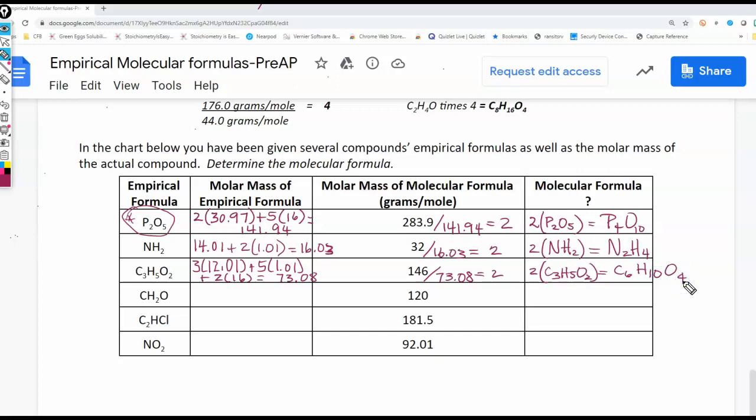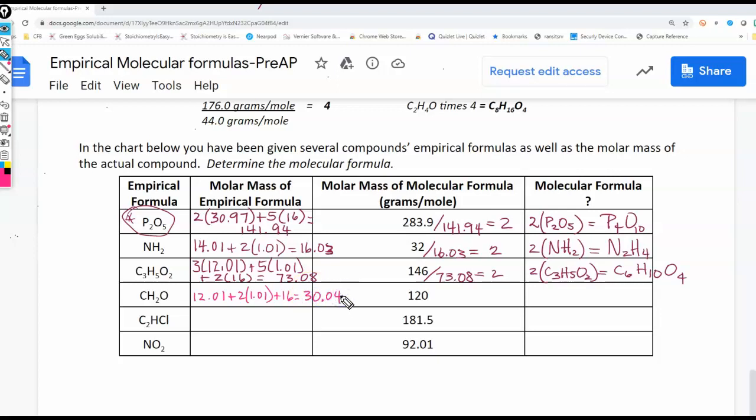So let's go ahead and try one that does not come out to a factor of 2. So let's look at CH2O. I'm going to add 12.01 plus 2 times 1.01 plus 16 to find that my empirical molar mass comes out to 30.03.